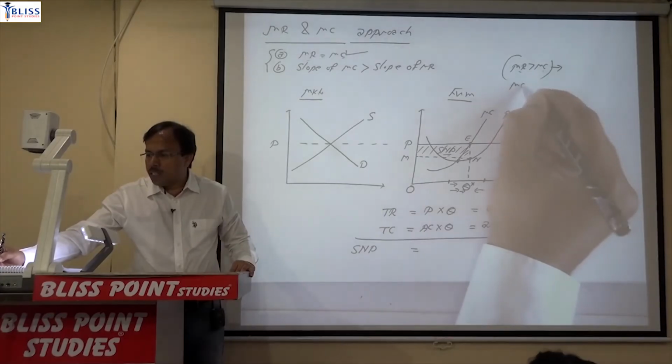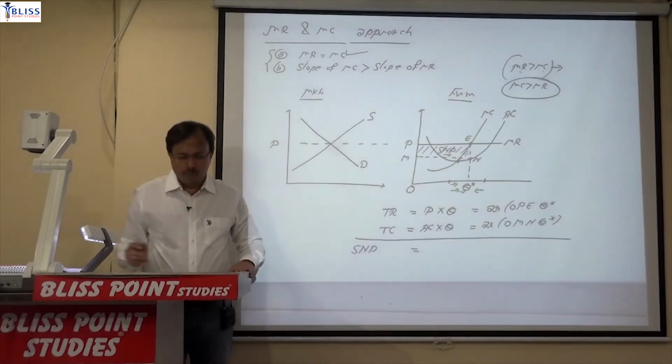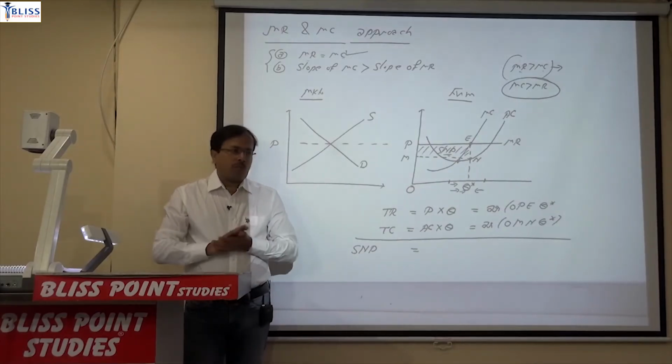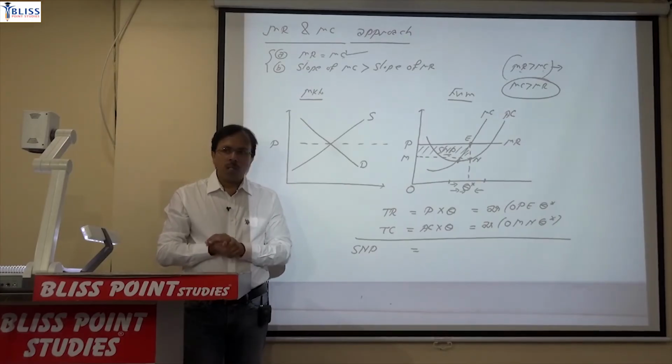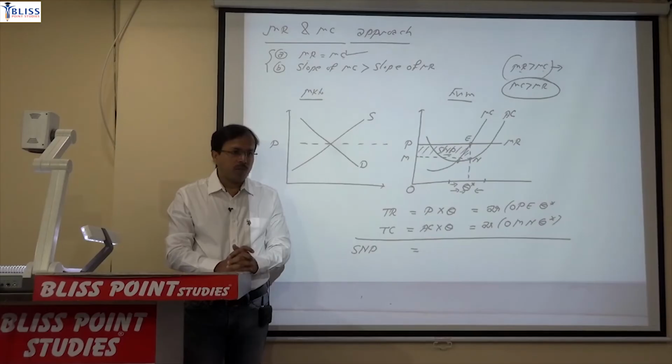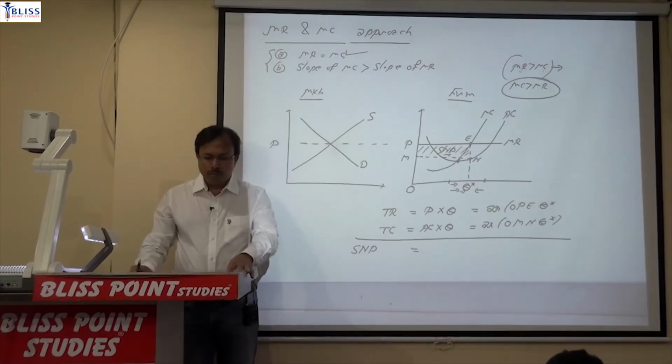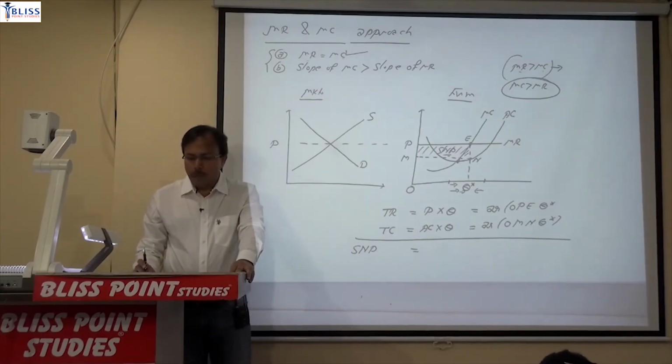Within bracket MC greater than MR. So it is profitable to reduce output. Therefore, profit is maximized at output Q star.